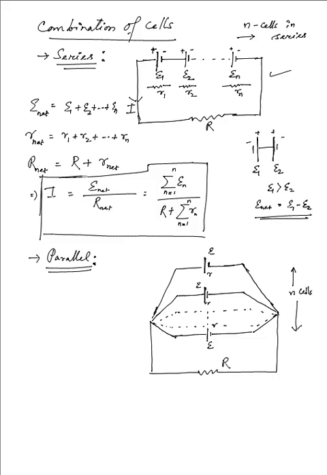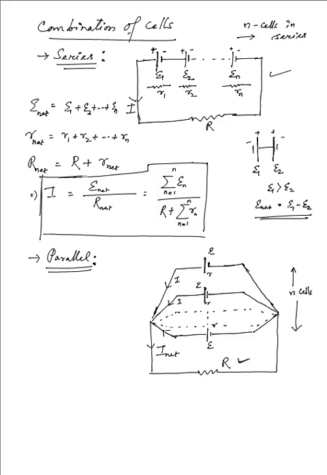capital R. Now, in case of parallel combination, you have the EMF adjusted to be equal across each conducting wire connected to the common end. The current will obviously be the same in each case, but we are considering the net current over here. So the net current is simply the sum of all the individual currents, but there is also an external resistance. So let's check the value of the net current that is to be available.